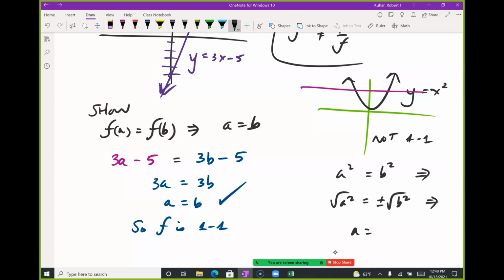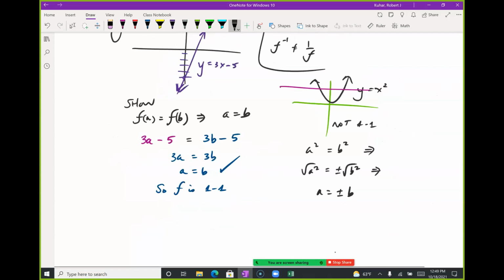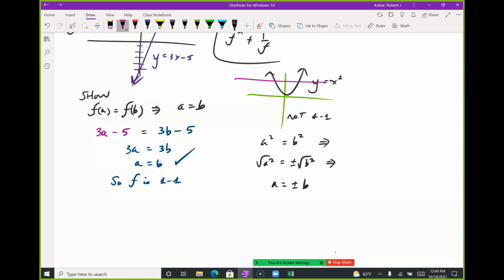So I get a equals plus or minus b. I need it to be a equals b. So this is giving me two different x values, an x value of positive b and an x value of negative b. So not 1 to 1. Since f is 1 to 1, I can find the inverse.